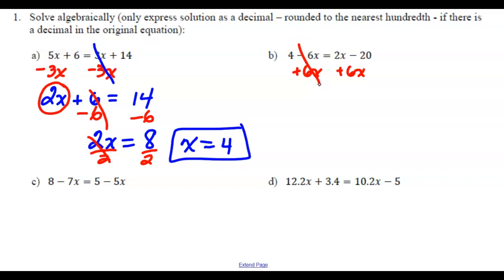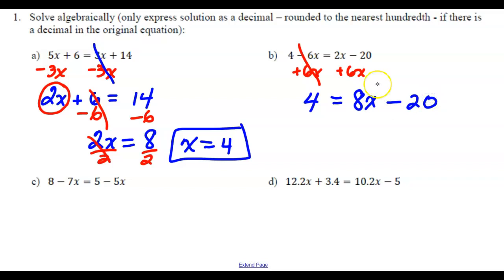If you bring the 2x over, you'd be subtracting 2x, which is fine. You'll just have a negative x term that you have to deal with at the end. So now we're left with 4 equals 8x minus 20.